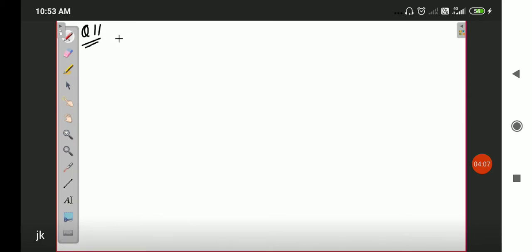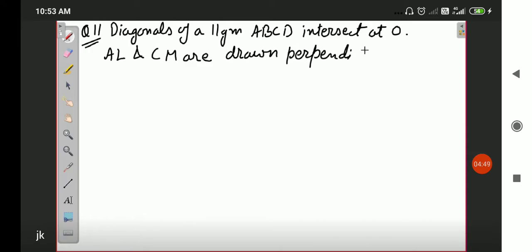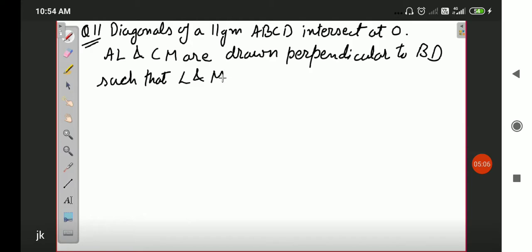Question number 11: diagonals of a parallelogram ABCD intersect at O. AL and CM are drawn perpendicular to BD such that L and M lie on BD.